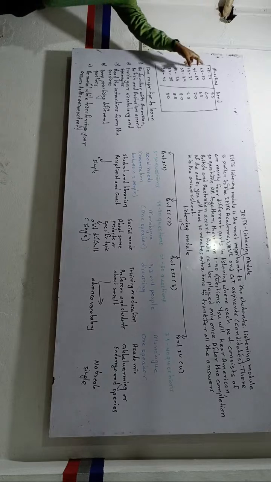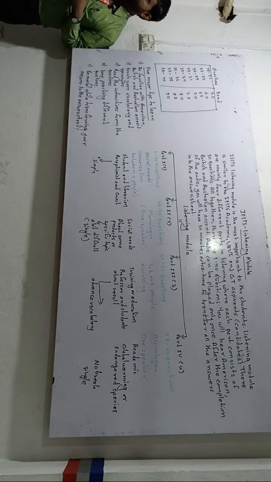IELTS students should aim for 18 to 22, that is called 5.5. But for UKVI or GT, you can focus on getting 4.5, 5.5 or 5, whatever you like.